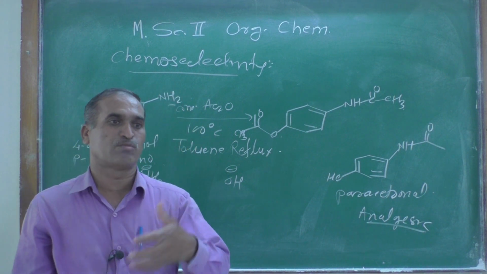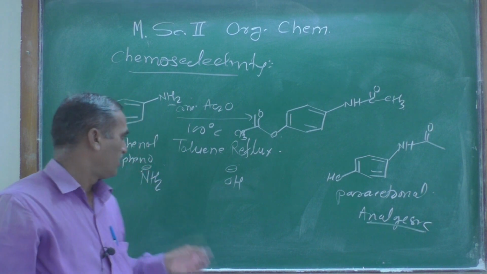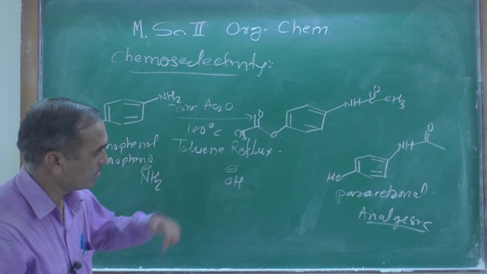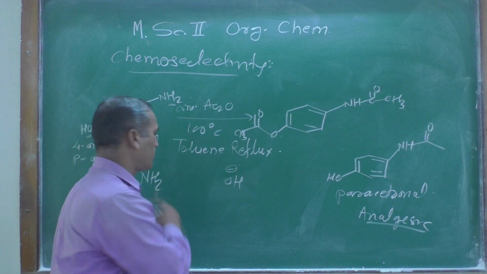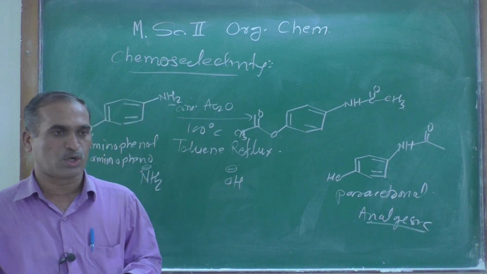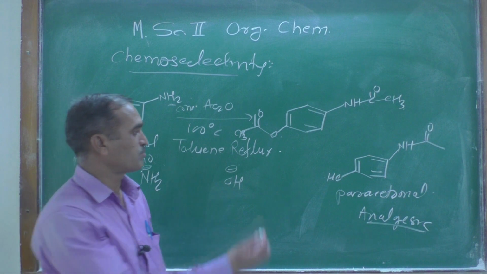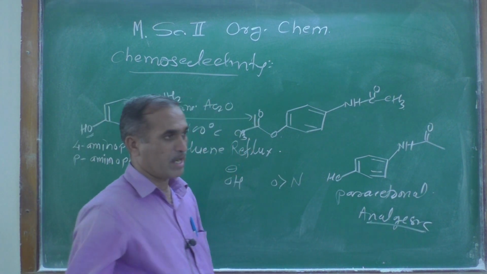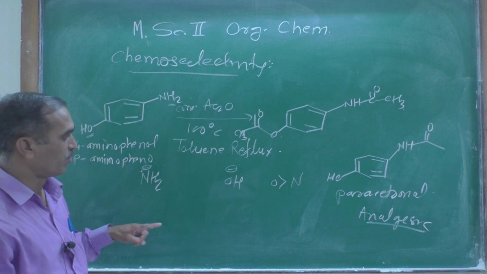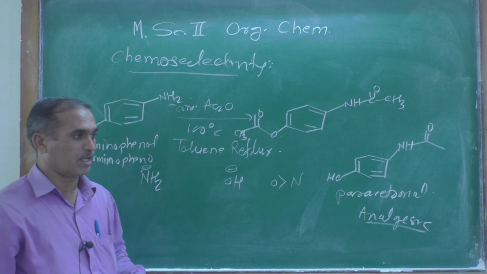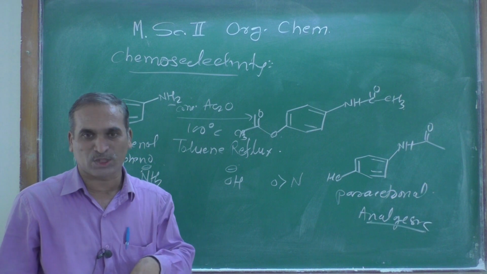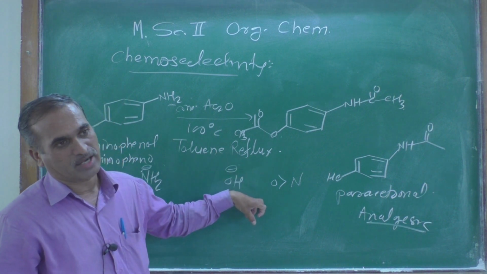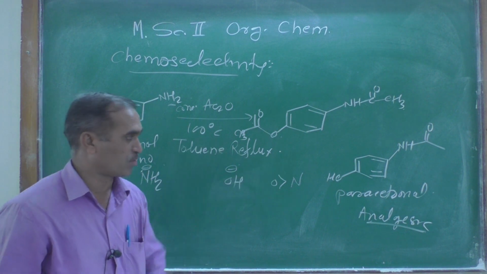NH2 is more nucleophilic than OH, because, as we know, the oxygen atom is more electronegative than the nitrogen atom, and therefore its capacity to hold the electron tightly is greater than that of the nitrogen atom.